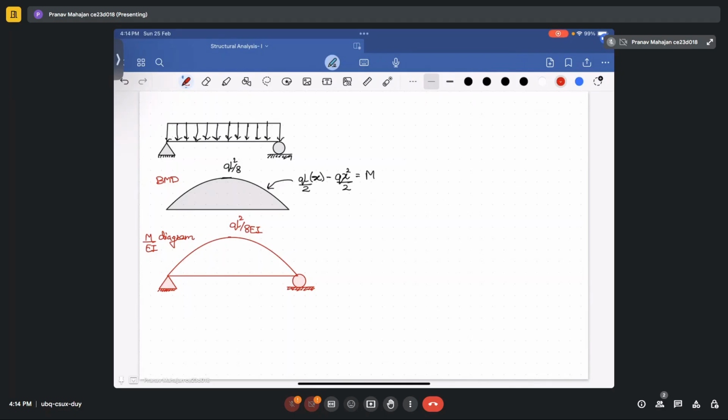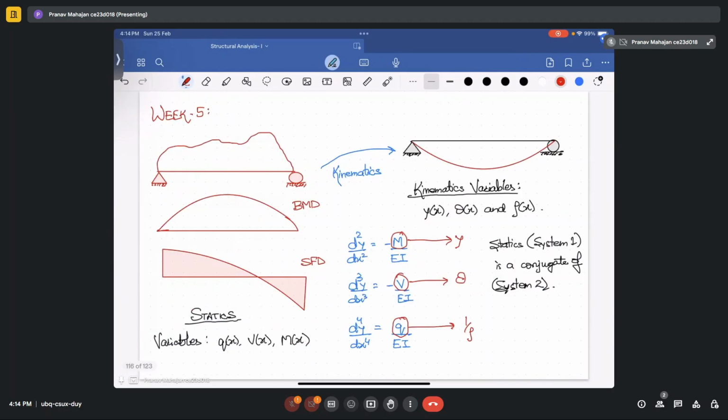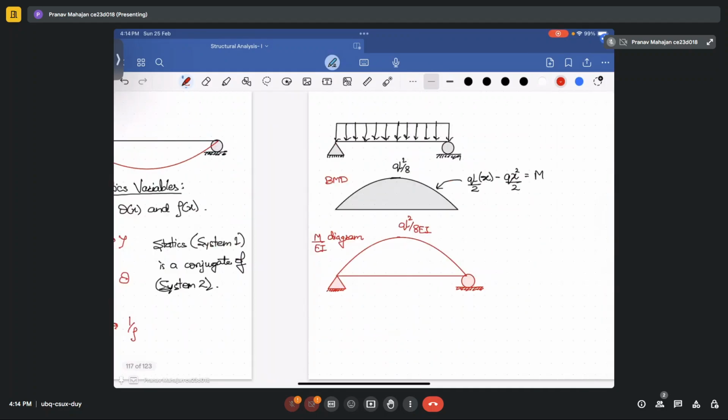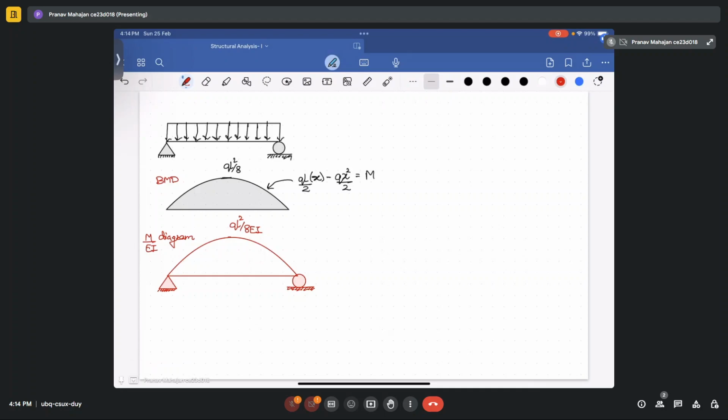Why we have done this is because the bending moment upon EI will give you the deflection at any particular point. So you divide the whole diagram in such a way that your bending moment will correspond to the deflection of the conjugate beam. So this will be your loading diagram for the conjugate beam.